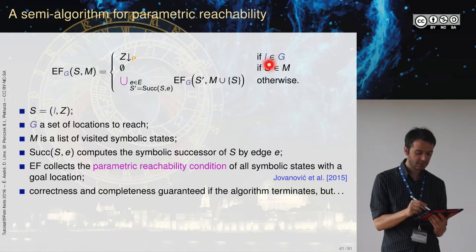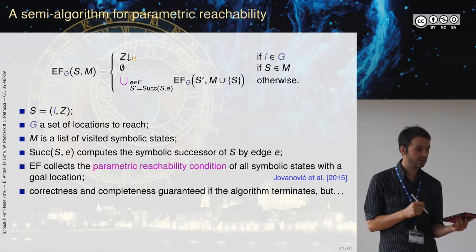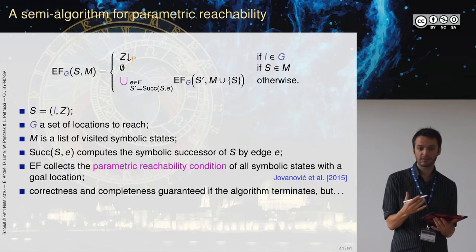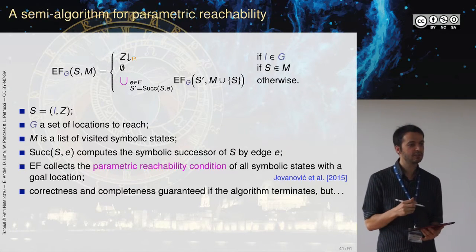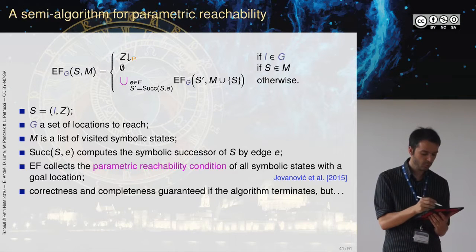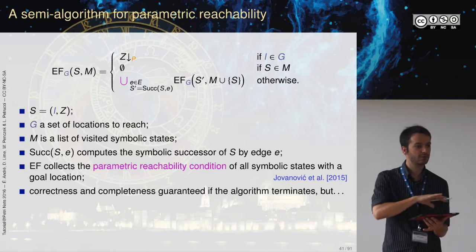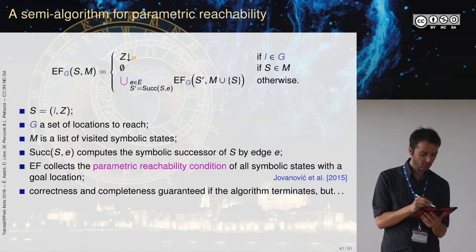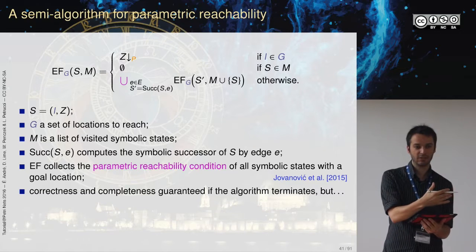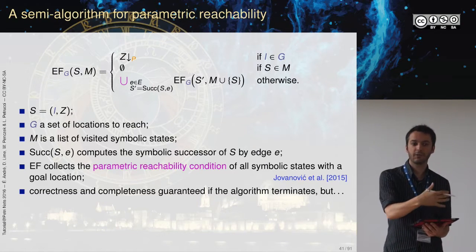Otherwise, if S belongs to the set M, M is the set of past states, meaning I already met the state S, I can safely stop. I already visited the state, I am along a loop, I can stop locally the analysis, so I just answer nothing. I say, okay, I found no new valuations, let's stop. Otherwise, I have not yet met my target state and I did not yet visit the current state, so I just explore further.